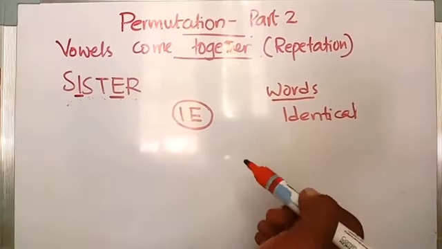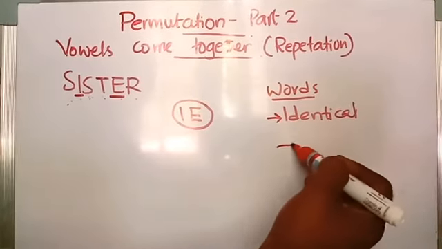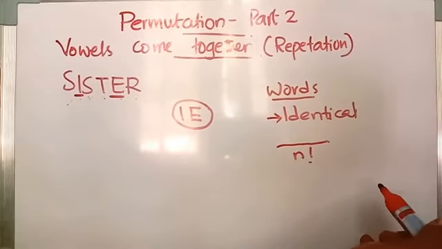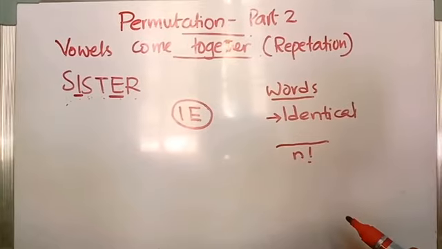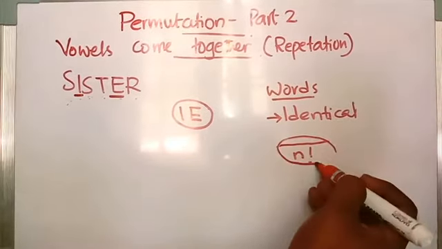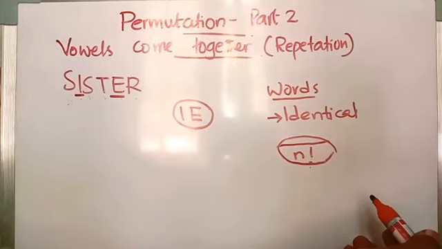These 2 S's are identical, and when the terms are identical, we have to divide by the factorial of their number. But when it comes to 4 boys and 4 girls, they are not identical. Everyone is different, so this concept doesn't occur there. This concept occurs when we discuss words and numbers.